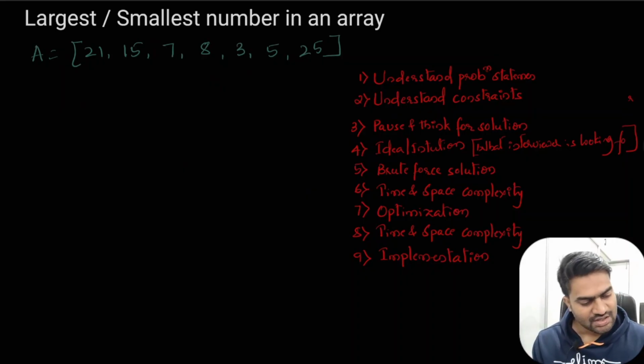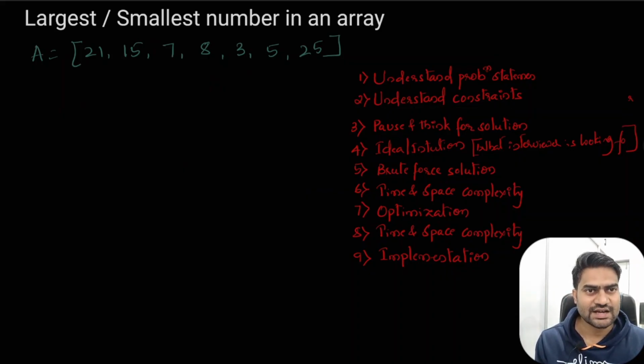So we understood that we will have to find the largest or the smallest number in the given array. Correct, right? Now, what are the constraints? Basically, our array contains at least one element, or one or more elements. That is one constraint.